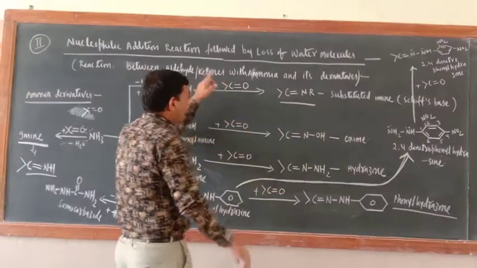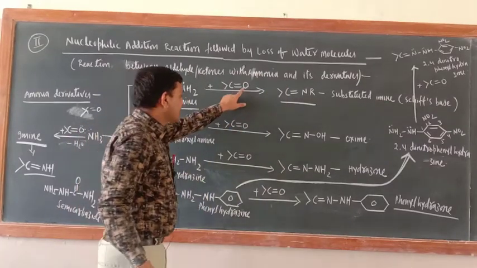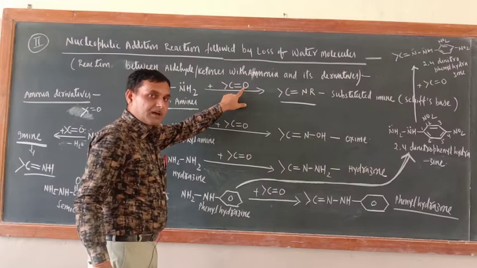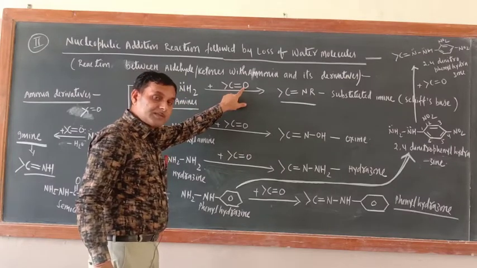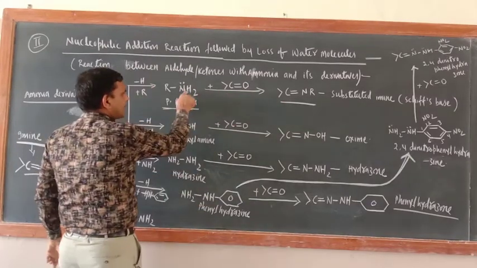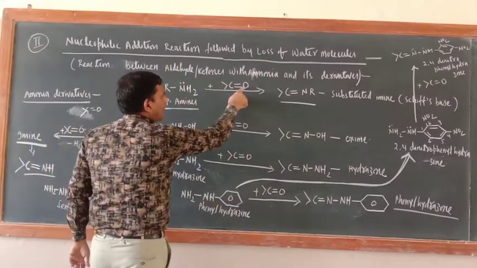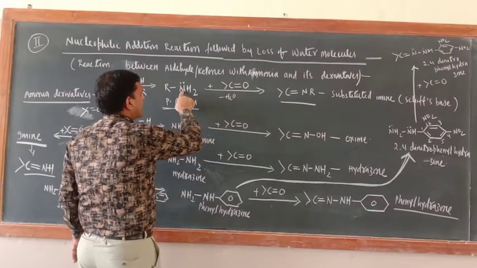Now remember, loss of one molecule of water would be there, and this oxygen must be lost along with the 2H. So just see, if O has been lost, C double bond O will be there. Just set here H2 of this one and O of this one. So minus H2O, what would be left here?